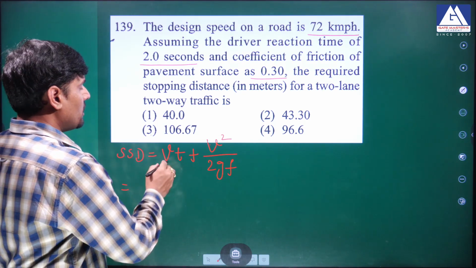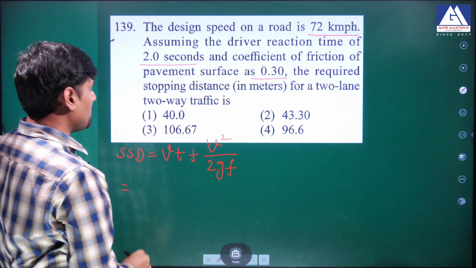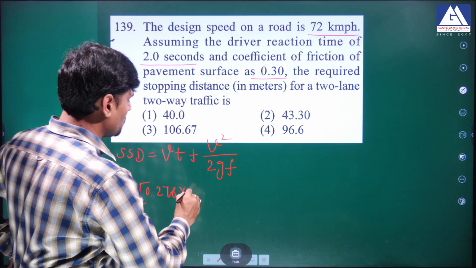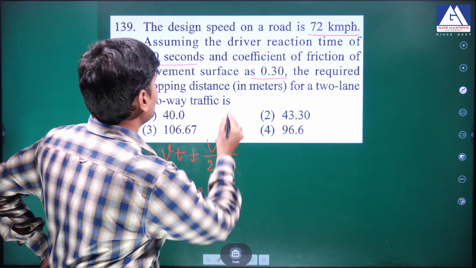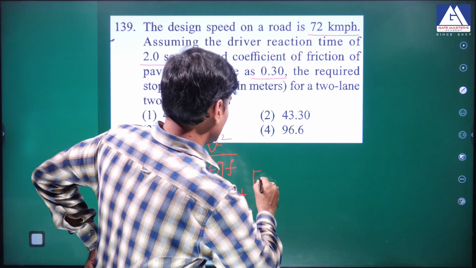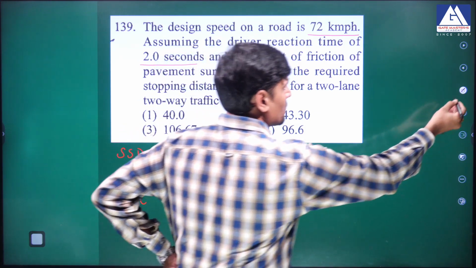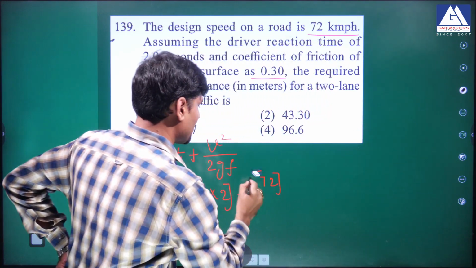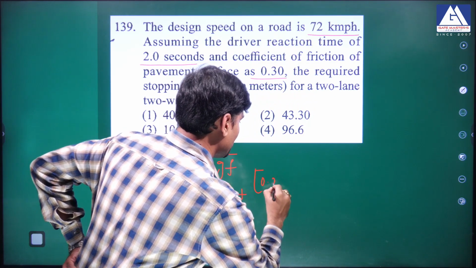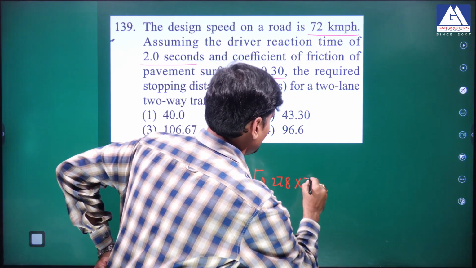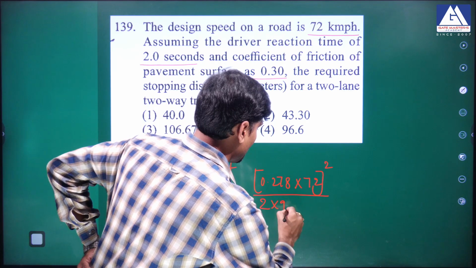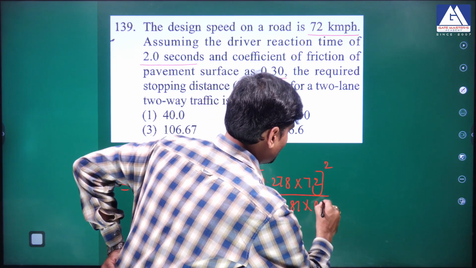So here speed is given in kmph, so you have to multiply by the conversion factor, as you know, 0.278 into 72 into number of seconds, which is 2, plus 0.278 into 72 whole square divided by 2 into 9.81 into 0.30.